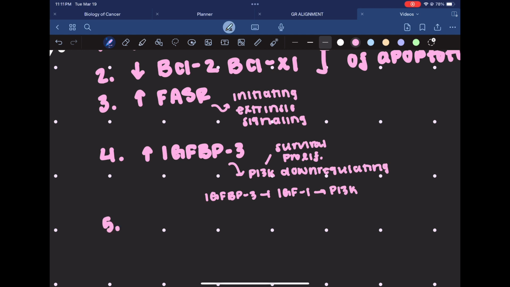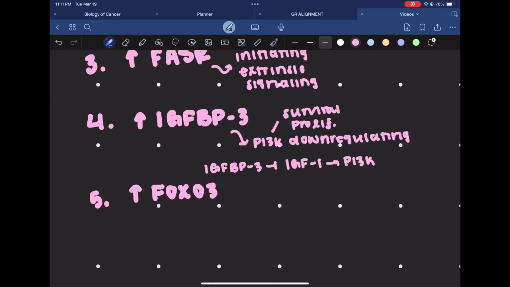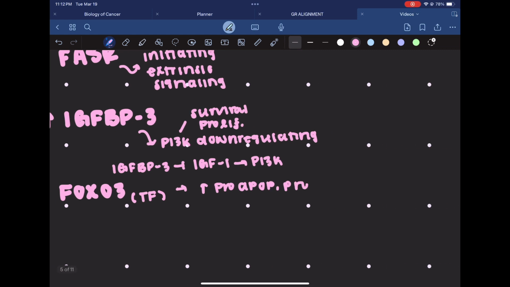The fifth is going to be increasing transcription of another transcription factor. So there's a factor called FOXO3, which is a transcription factor that we're going to produce, and this leads to an increase in other pro-apoptotic proteins, right?